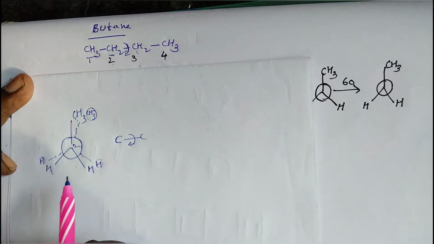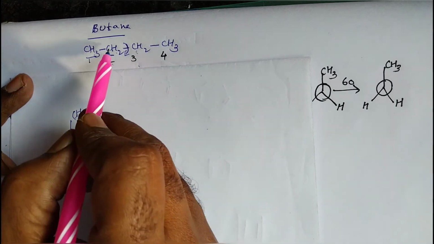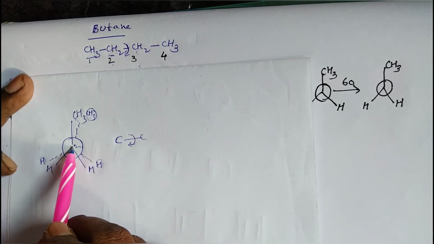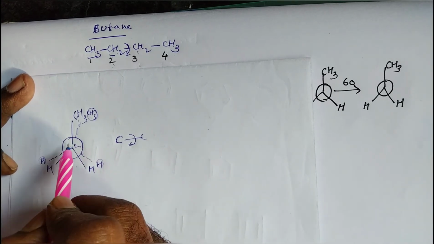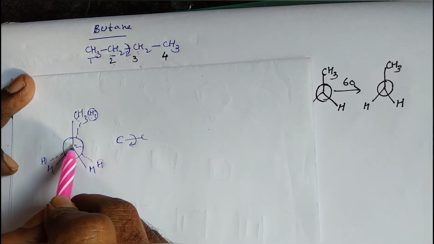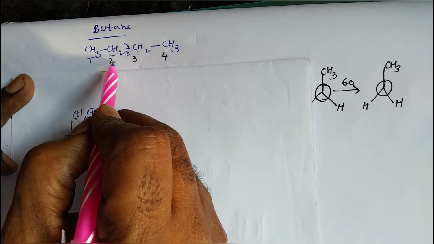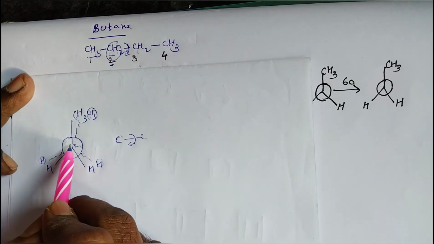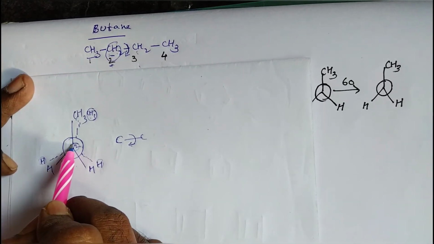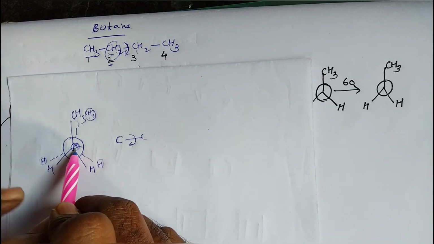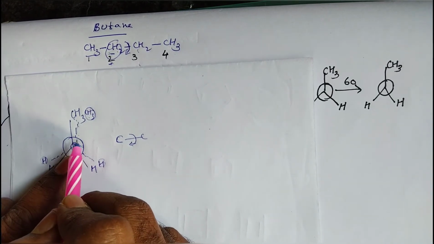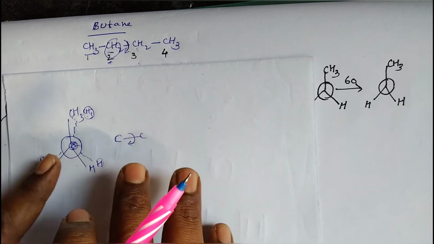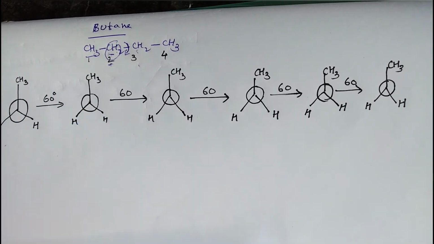When rotations take place here, one carbon is kept as a fixed carbon atom and the rotation is done by the other carbon atom. Here I am keeping the second carbon atom in a fixed position without changing the rotation, and I am going to rotate the back carbon atom. Let us see what will happen.